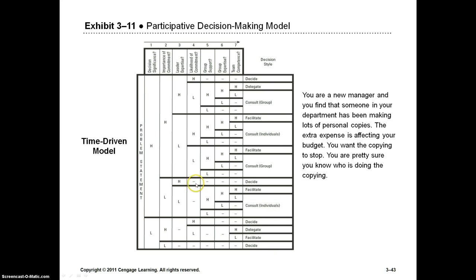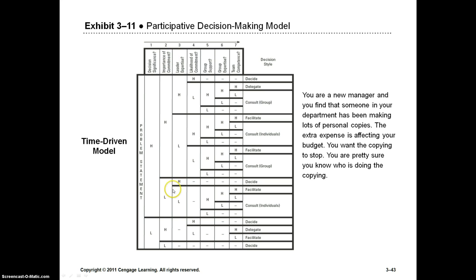Anytime we see a dash, we are going to look at that as a not applicable. That's a question we're not going to answer. As a very quick example, if we were making a decision that was not very significant, we would answer low. We would never then rise above this line here because we had answered low, not high. If we then said that not only was the decision not significant, it wasn't very important that the group be committed.